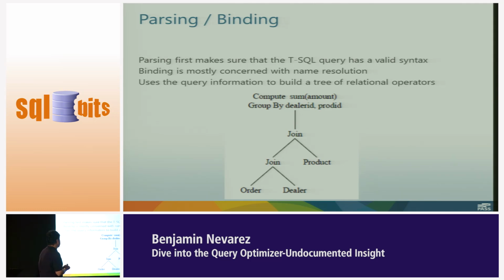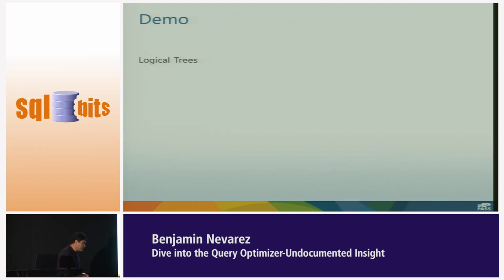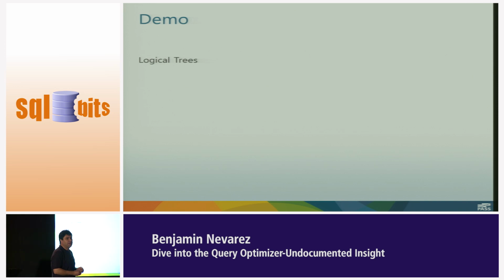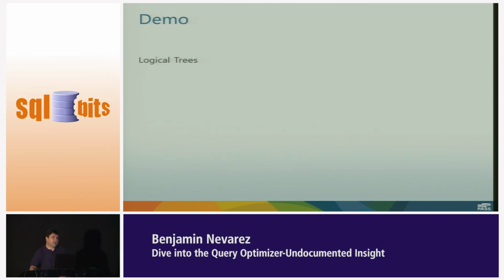After this process, the query processor is going to create a tree of relational operators. That's the next demo. There are some undocumented trace flags, and you can see these trees. They may look really complicated at the beginning, but you can see that information.